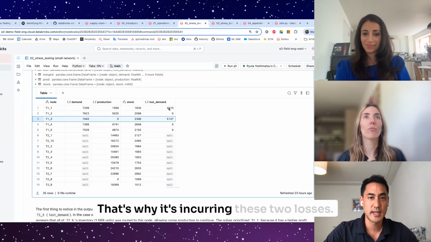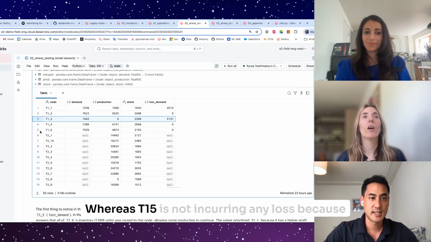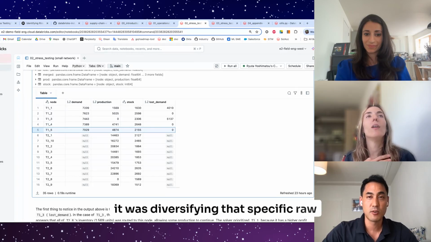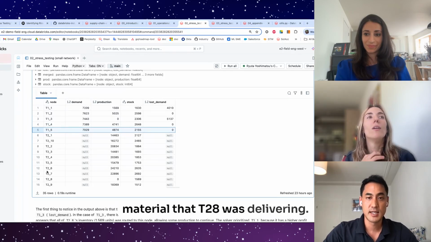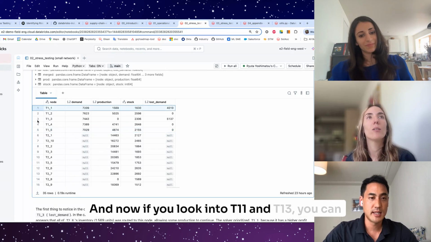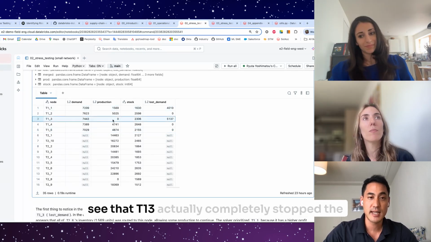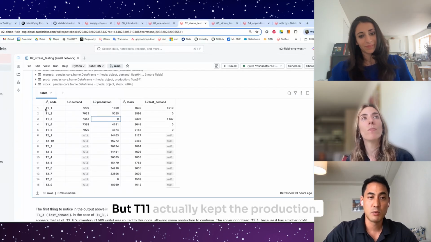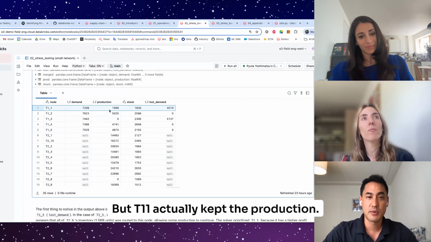That's why they're incurring these 2 losses. Whereas T15 is not incurring any loss because it was diversifying that specific raw material that T28 was delivering. And now, if you look into T11 and T13, you can see that T13 actually completely stopped the production. But T11 actually kept the production.